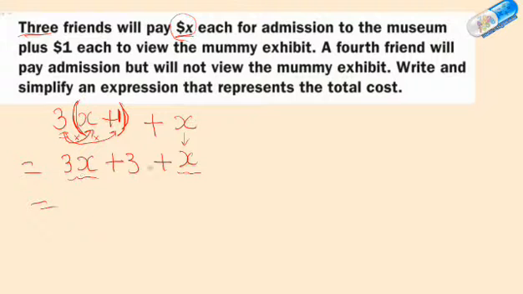These are like terms because x and x. And of course, x means it's 1x, but 1 we do not write it. So as if I'm adding 3x plus 1x, which is equal to 4x. And this 3 is a constant. We do not add it to the x because it's different than the x. Constants are not like terms like the variables. So the simplest form is 4x plus 3, so they will pay 4x plus $3.